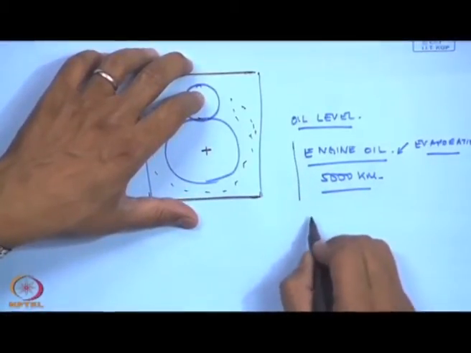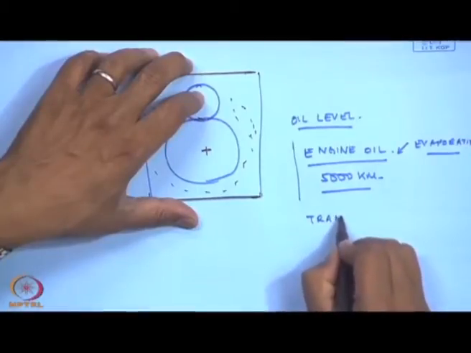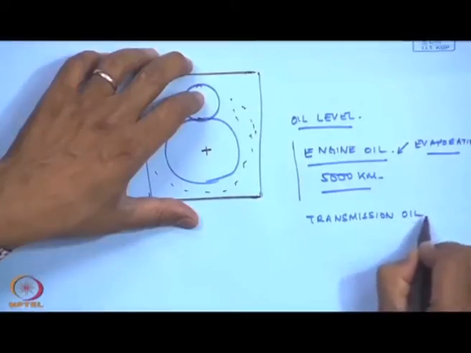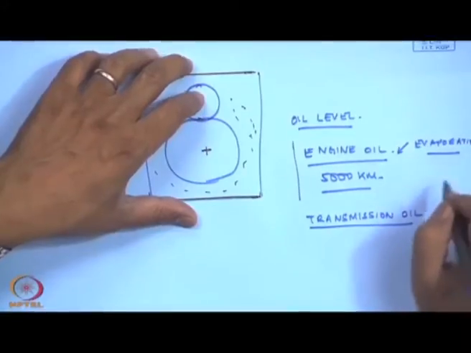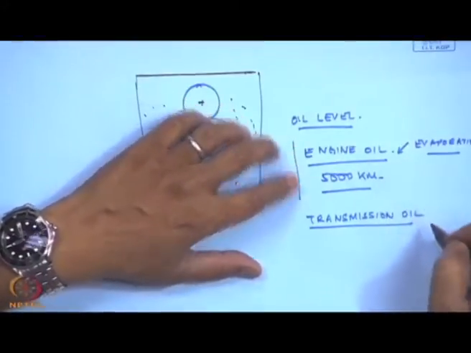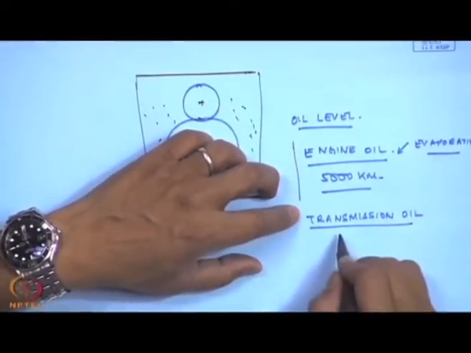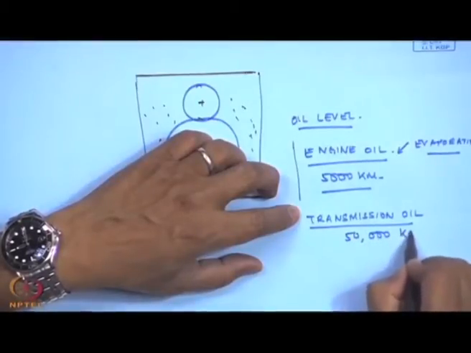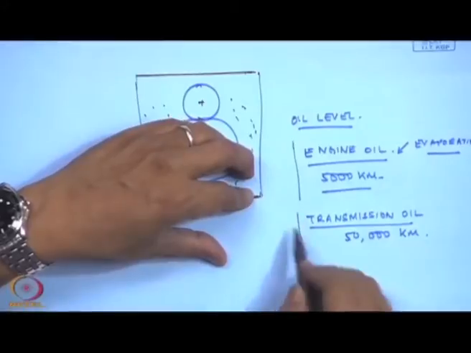But the other one is the transmission oil. Transmission oil is not at a temperature as high as the engine oil, so the evaporation loss is less, and maybe we only check them after 50,000 kilometers. This is what is known as the gear oil.